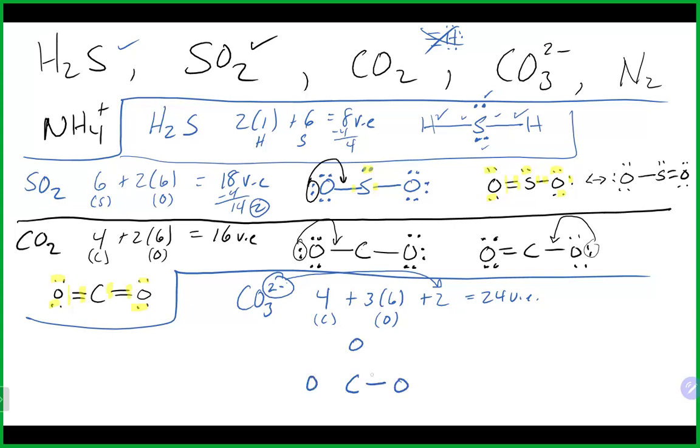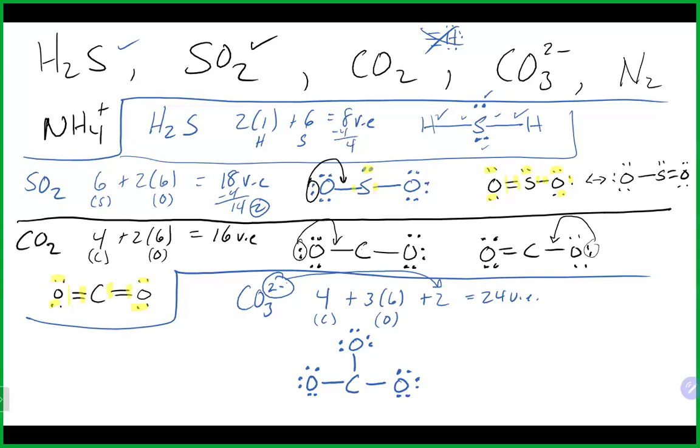We will do our single bond to everybody. That is 2, 4, 6 electrons. We've got 18 more to go. We'll go 2, 4, 6, 8, 10, 12, 14, 16, and 18. At this point, I have now put on there 24 valence electrons.